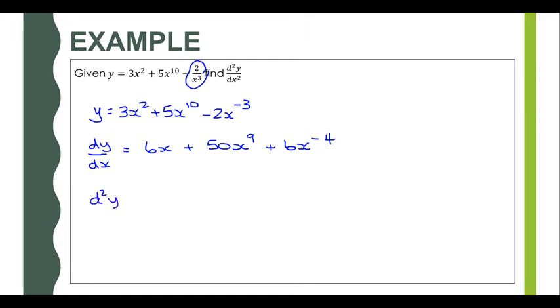So d squared y over dx squared is equal to 6 plus 450x to the power of 8 minus 24x to the power of minus 5.